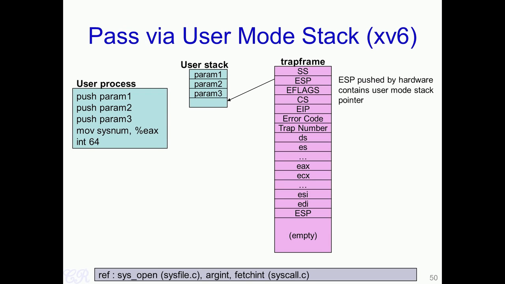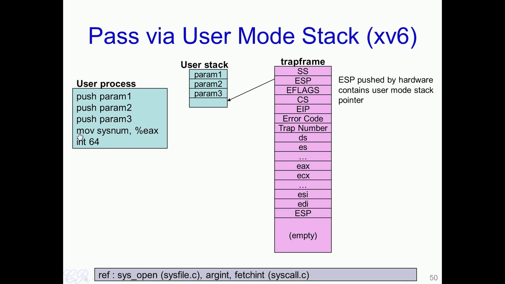Now, let us look at the second case, that is pass via the user mode stack, and this is what is done in xv6. In this way, before the INT 64 instruction is executed, the various parameters of the system call are pushed onto the stack.